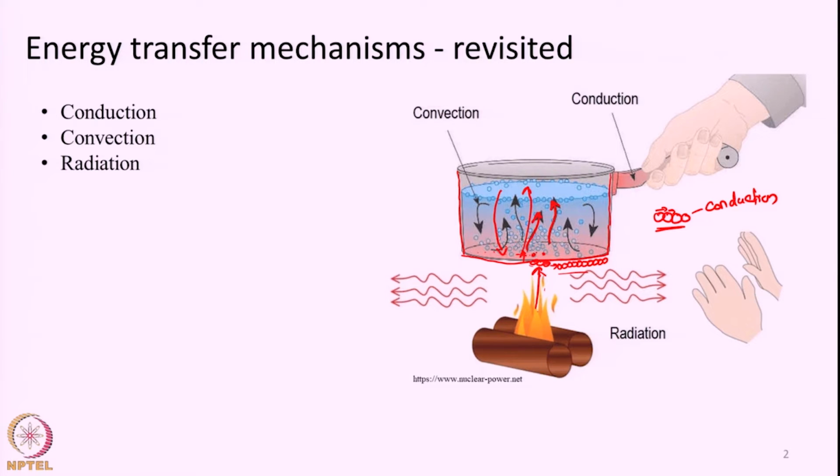Slowly there will be a transfer of water molecules from top to bottom and bottom to top, and the molecules moving from bottom to top will transfer the heat energy to the other parts within that particular vessel. So here heat energy is transferred by proper movement of molecules within the medium. The molecule itself will move, taking the heat energy away from one point to another.